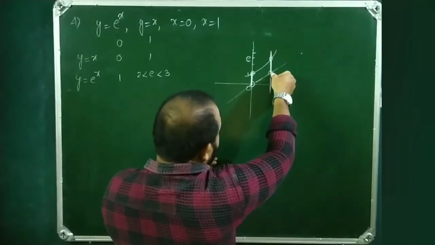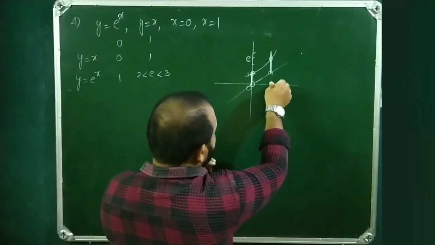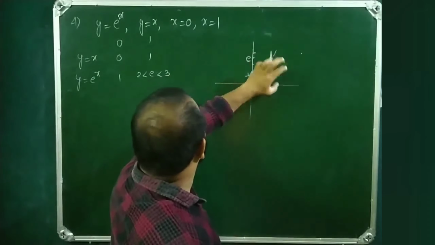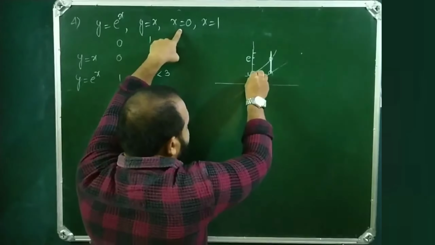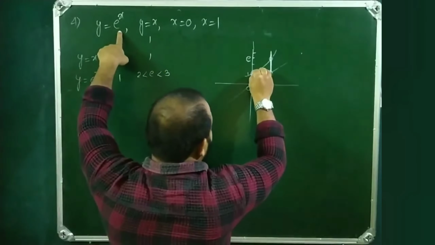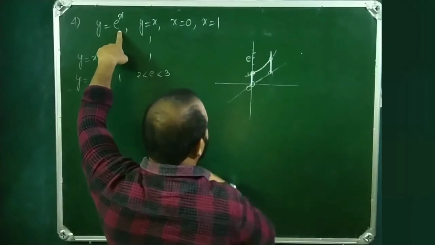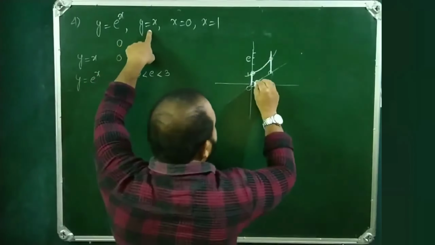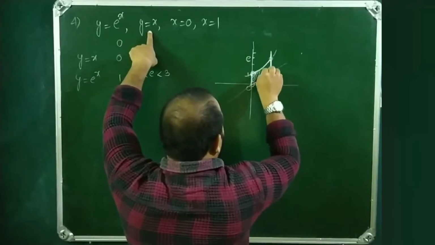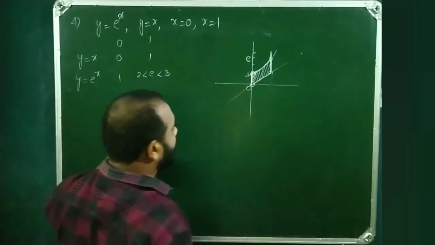So that is this line. X equals to 1 is this, x equals to 0 is y-axis is this, and e power x is the curve, and y is equals to x is this line. So this area we are required to evaluate.